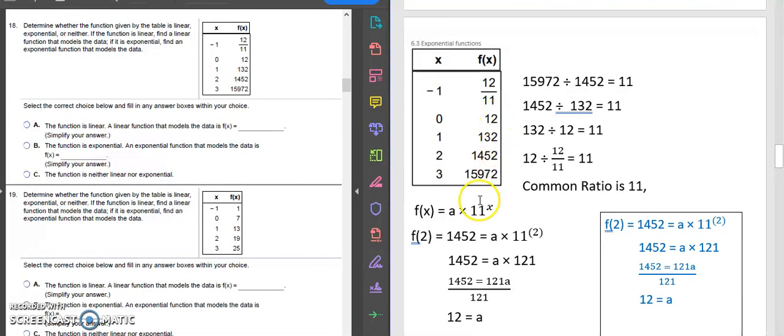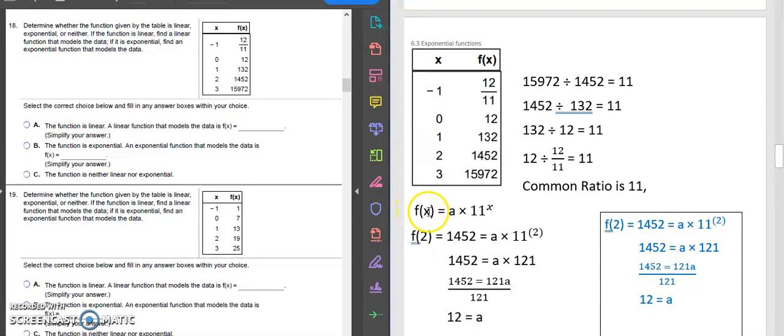So here's how you check to see what the transformation of the function is. You start out with f of x equals a times 11 raised to the x power. So first we're looking for what a is to see, okay, is the function being multiplied by something. Then you want to take any point in the table. You want to take any x and matching y value and then plug it into this setup that you have here.